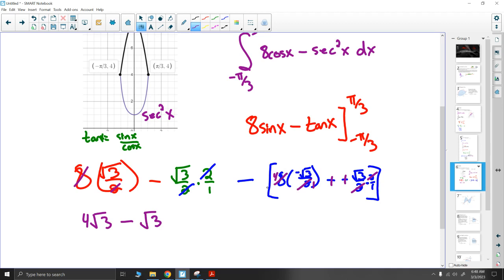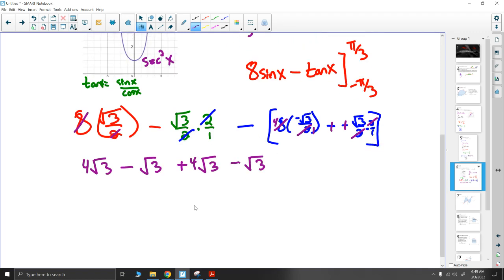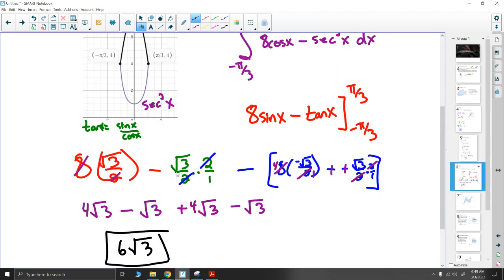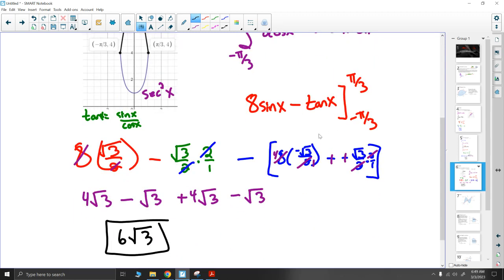So that's a plus 4 square root 3. And then we have minus square root 3. Okay, these are all like terms, so we can combine them. 4 plus 4 is 8, minus 1 is 7, minus 1 is 6. So that's 6 square roots 3. And that would be our area.